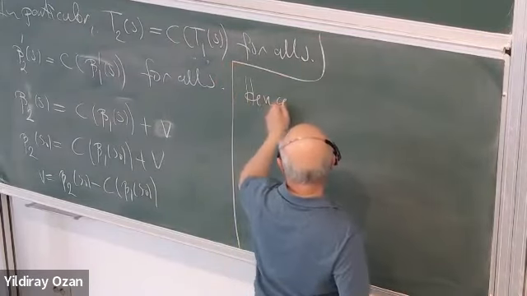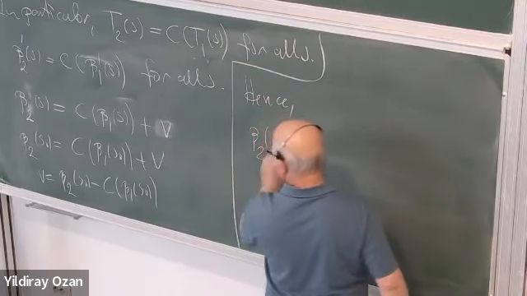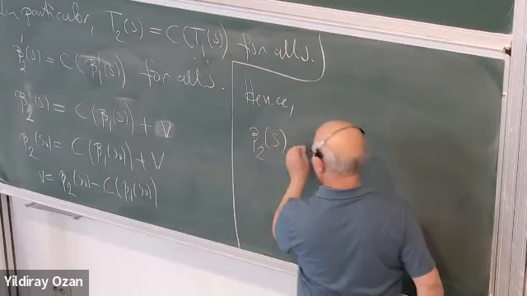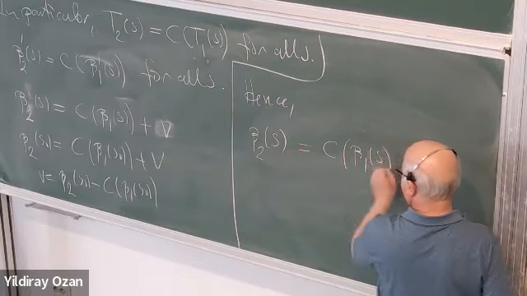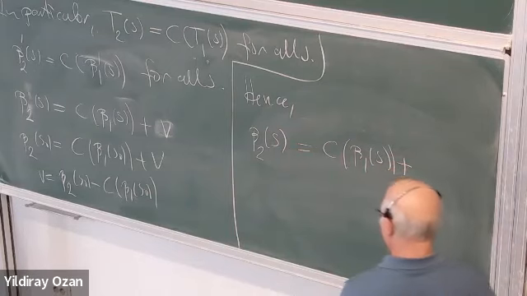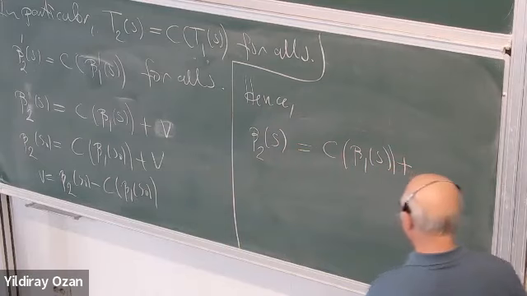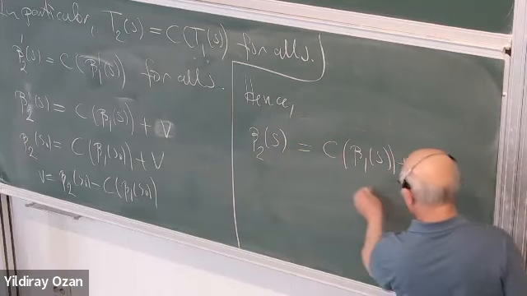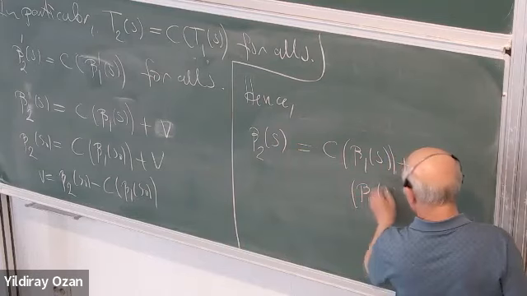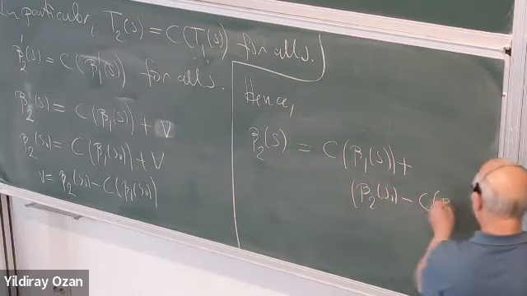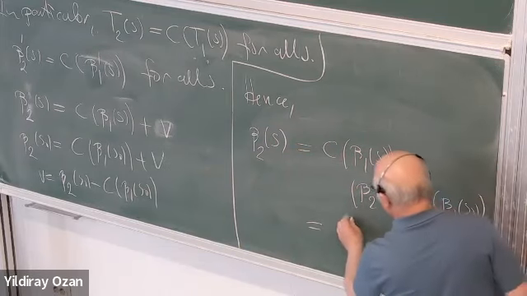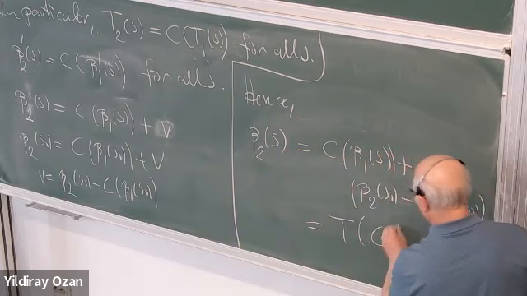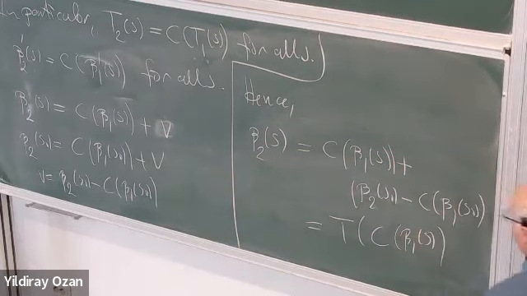Hence, beta 2 of s, which is just C of beta 1 of s plus V. V is the vector beta 2 of s0 minus C of beta 1 of s0. But this thing is just T of C of beta 1(s), right?